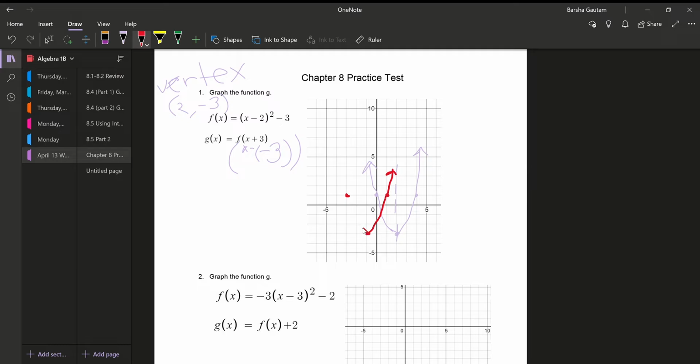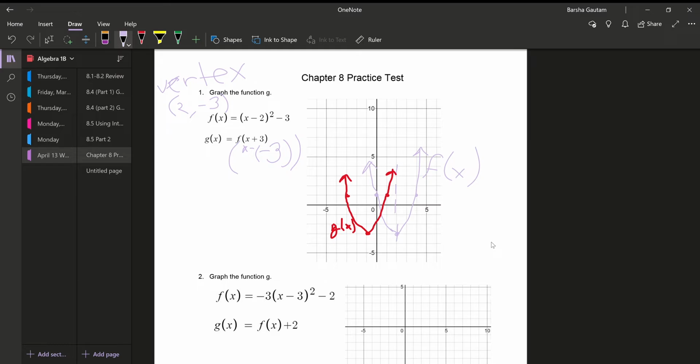And we're going to connect this one as well. Alright, and that's what it would look like if we had g of x. So the red one is g of x. And the purple one is the graph of f of x.